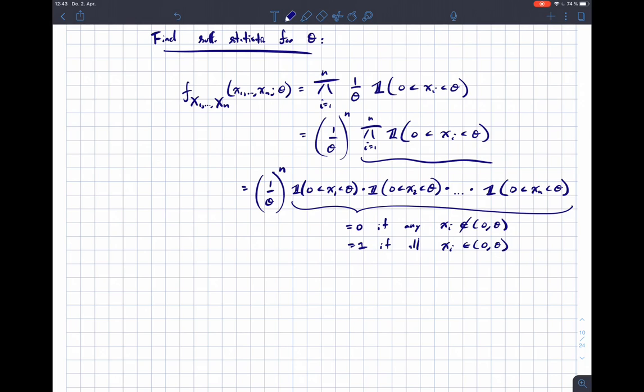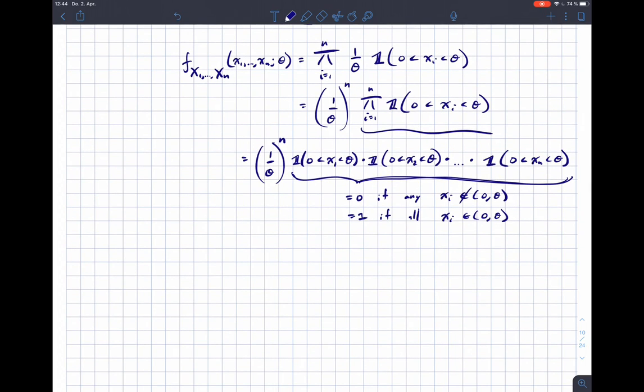Because it just takes one of them to be 0 for this whole thing to be 0. So I can say something like an indicator function which is all the xi's are in the interval 0 to theta.